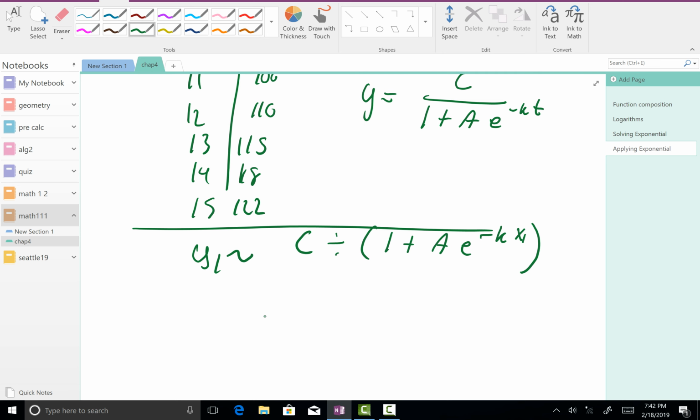There's actually a way to do it faster. That rate is 0.06.